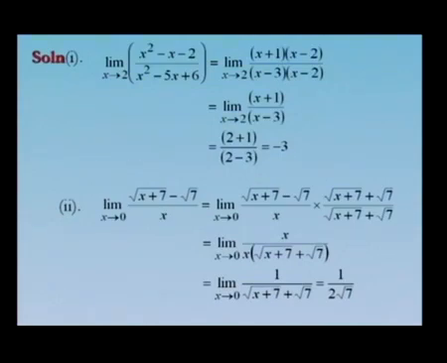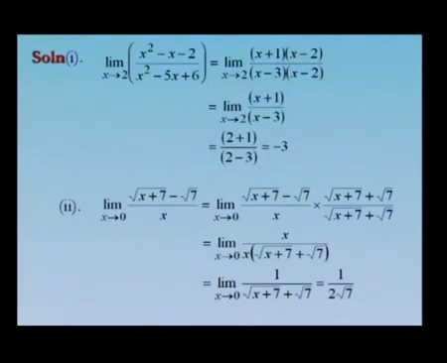So x minus 2 cancels from numerator and denominator, and it remains limit x tends to 2, (x plus 1) upon (x minus 3). Now it is in the simplest and lowest form. Now we can substitute x equals 2 to evaluate the limit. So this becomes (2 plus 1) upon (2 minus 3), that is minus 3. So its limit is minus 3.